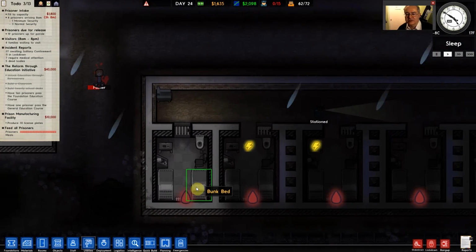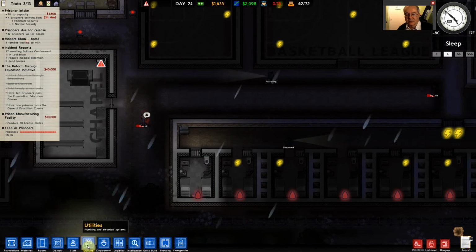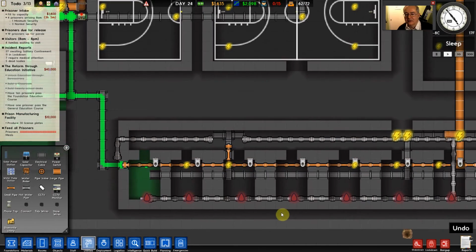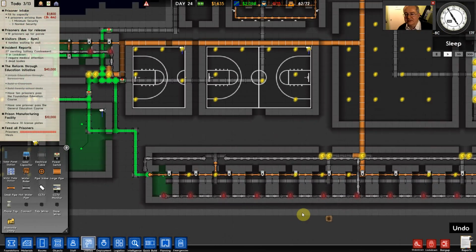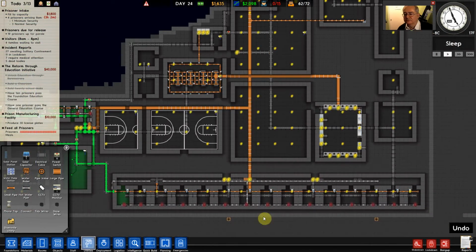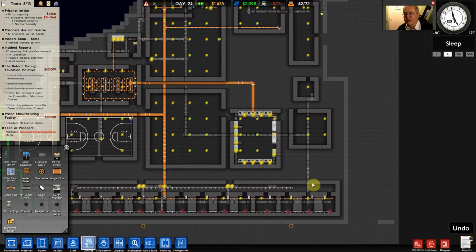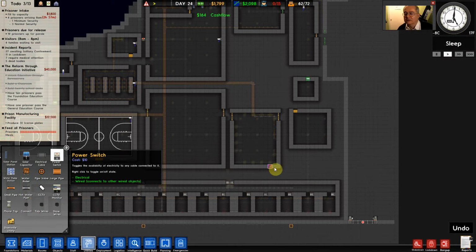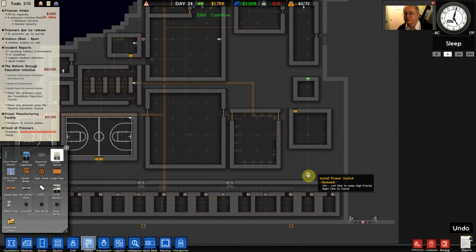This one has electricity, but the rest don't. Because all that section is cut off. I'll need to put a power switch in here to isolate it. And then I can connect it up at the other end.